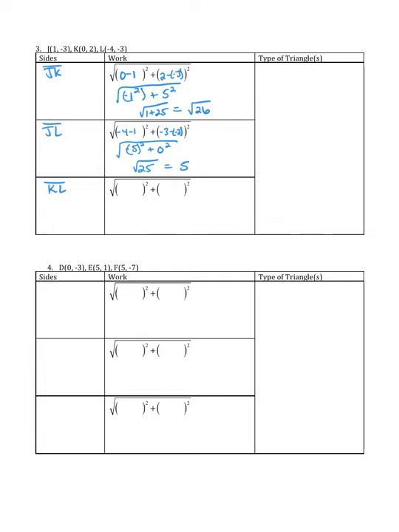Okay, so KL, negative 4 minus 0 plus negative 3 minus 2 gives me the square root of negative 4 squared plus negative 5 squared. Square root of 16 plus 25 equals the square root of 41. And look, all three are different. Scalene, because all three have different measurements.